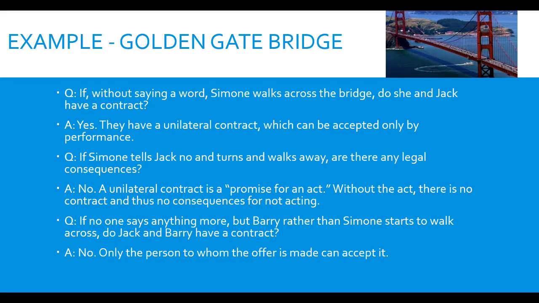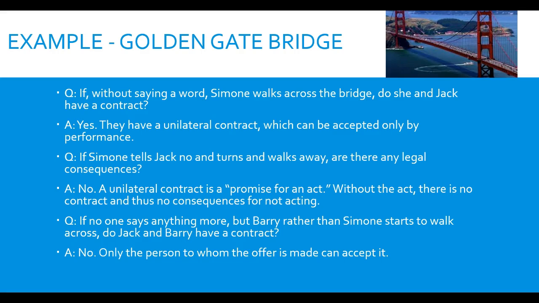Here's an example. The Golden Gate Bridge is an example where two individuals, Simone and Jack, enter into a contract where Jack says to Simone, if you walk across this bridge, then I will do this for you.